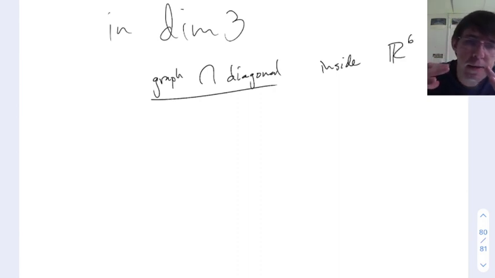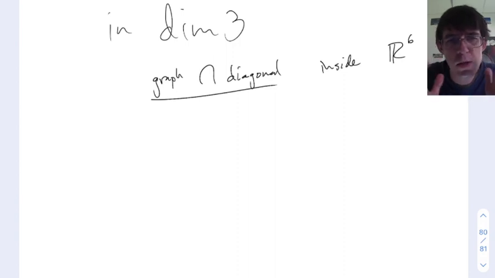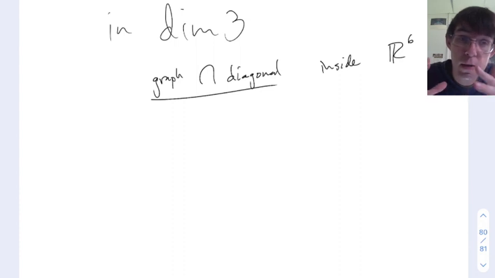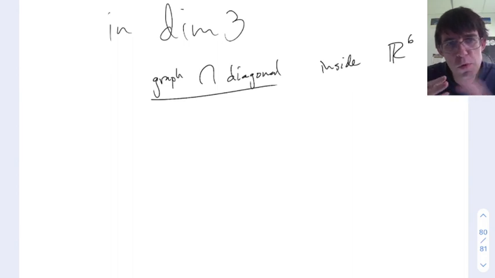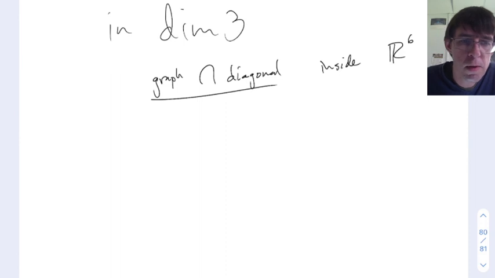And in that case, you have a lot of opportunity to move the function away from the diagonal in certain ways. So it's not actually always possible to remove every fixed point, but at least it's a lot easier to straighten things out. In dimension 4, it gets even better: you're in an 8-dimensional ambient space. But in dimension 2, you're only in 4 ambient dimensions, and it's not always possible to do the same movements that you want to do. This is my vague explanation.